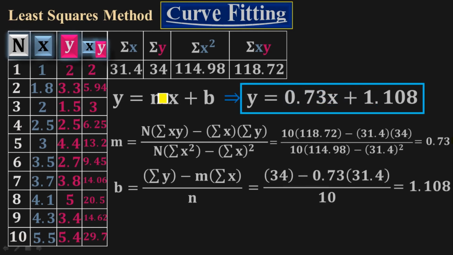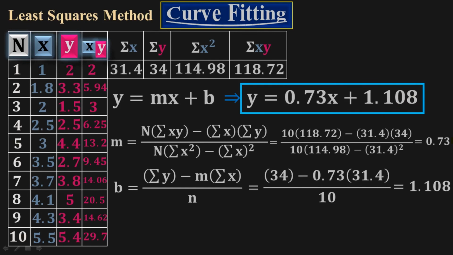Because look, my m, which is the slope of the line, is 0.73, which has been calculated from this formula. And b, which is the y-intercept, has been calculated from this formula, which is 1.108. Plug in 1.108 for the b. That's how we got the equation of the line. Look, my y-intercept is 1.108. When you go back to the graph, does the curve cross the y-axis at 1.108?